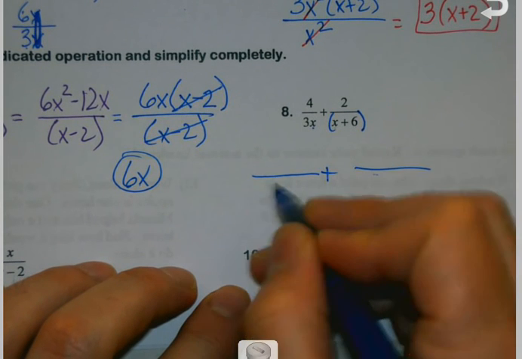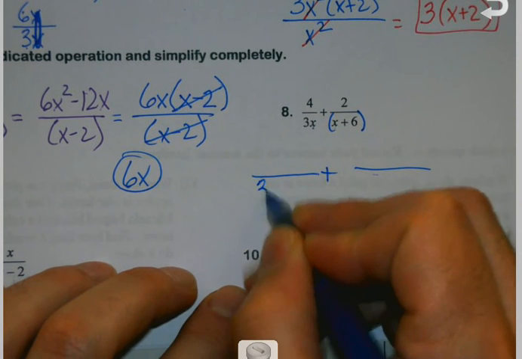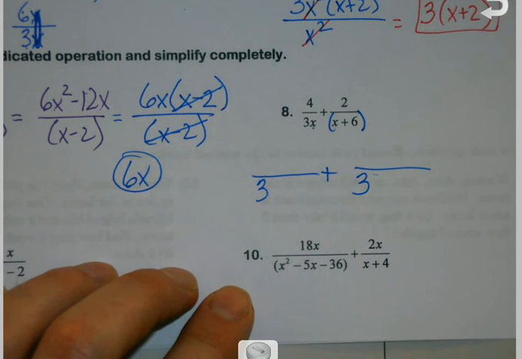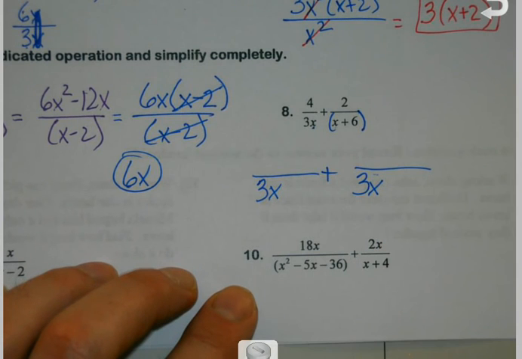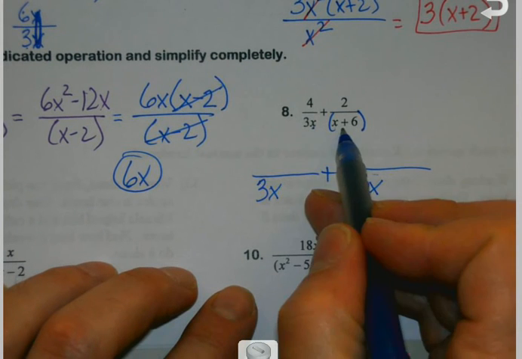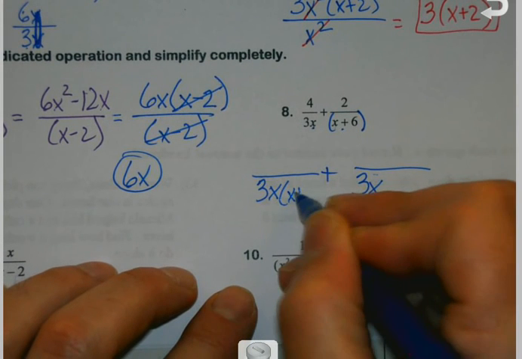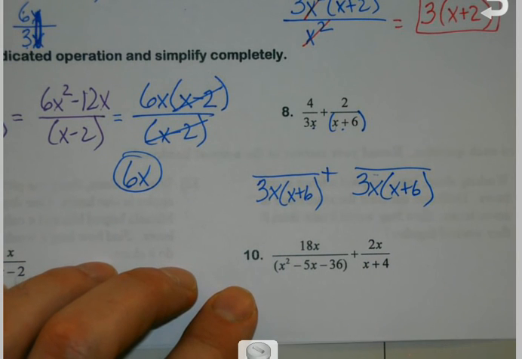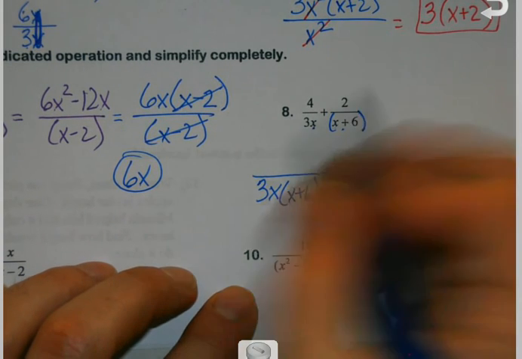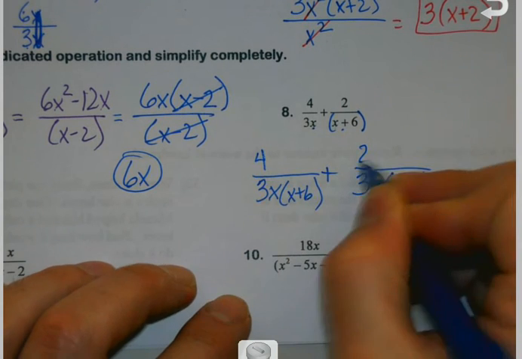So when you're going to make your common denominator, any coefficients, the 3 gets to be part. Any single variable terms, that gets to be part. And any sets of parentheses, any quantities, get to be part. Okay, so I need all of it. And of course, whatever's up there already.